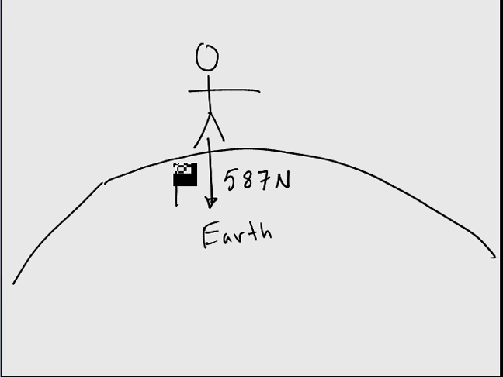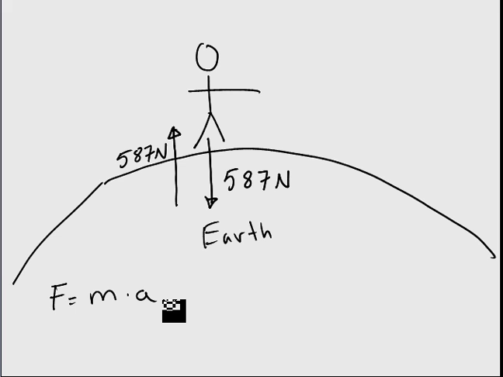Which means that the Earth is being pulled up towards you with the same force, 587 newtons. So now let's think about what this means in terms of acceleration. So remember Newton's second law, force is mass times acceleration. And the force in both of these instances is 587 newtons.